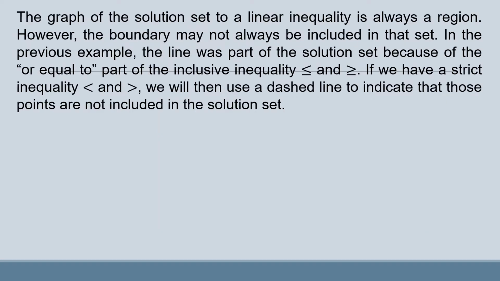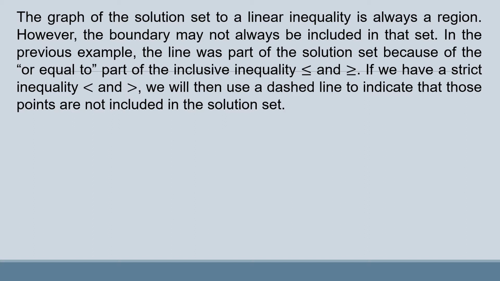The graph of the solution set to a linear inequality is always a region. However, the boundary may not always be included in that set. In the previous example, the line was part of the solution set because of the "or equal to" part of the inclusive inequality, greater than or equal to and less than or equal to.